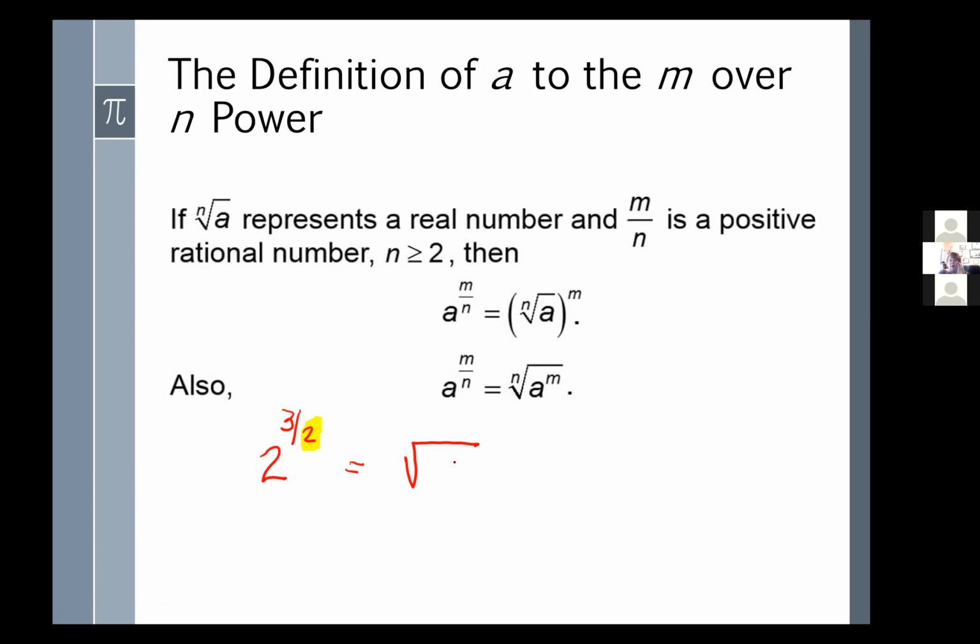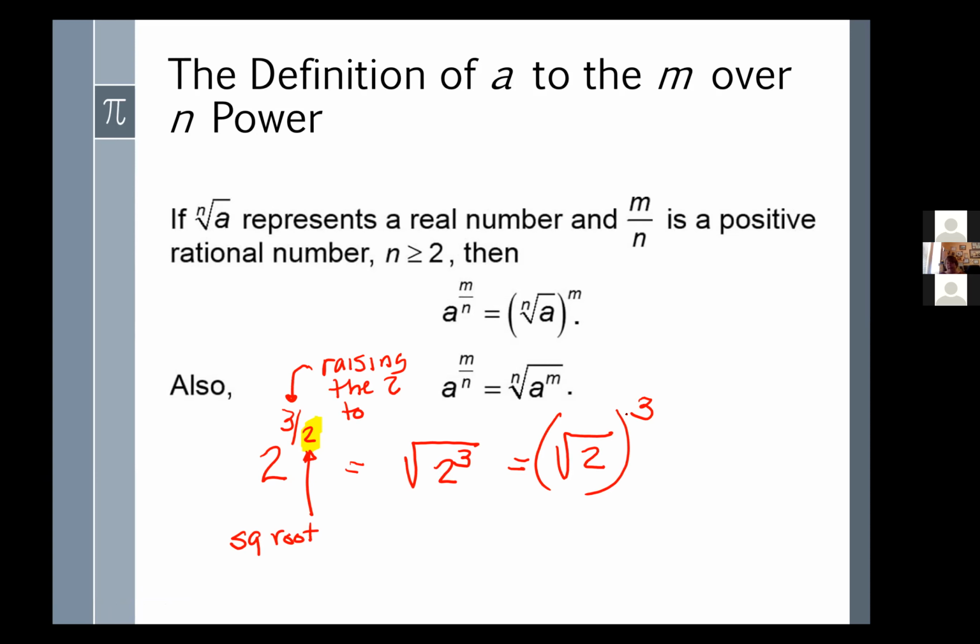And what are we taking the square root of? Well, we're taking the square root of 2 to the 3rd power. So this number here tells me what I'm raising. Or we can write this as the square root of 2 cubed. That's the same thing. Exact same value, exact same number.